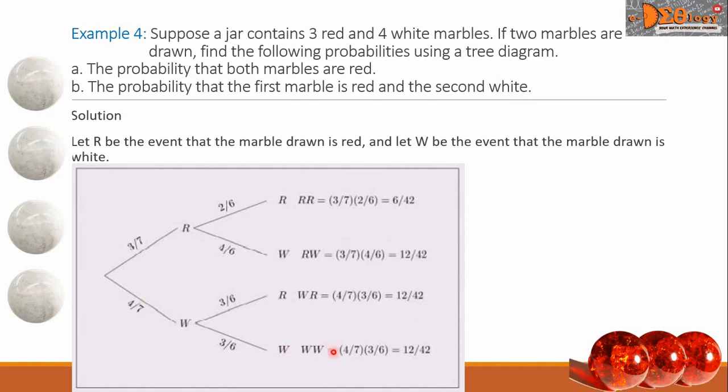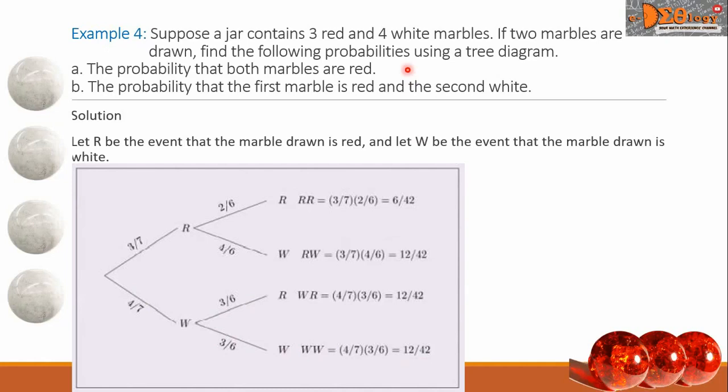And this WW means taking 2 white marbles for our problem. So we have 4 over 7 times 3 over 6, and we have here 12 over 42.